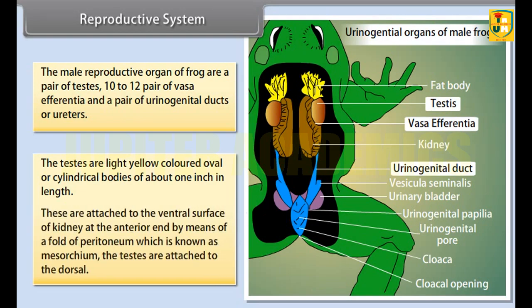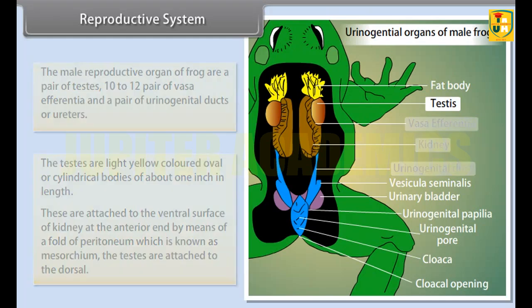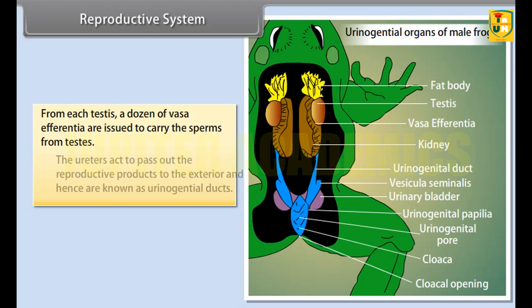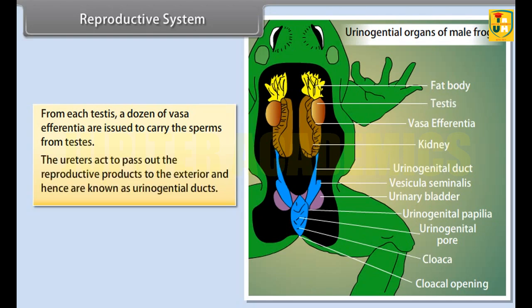These are attached to the ventral surface of kidney at the anterior end by means of a fold of peritoneum, which is known as mesorchium. The testes are attached to the dorsal. From each testis, a dozen vasa efferentia are issued to carry the sperm from testes. The ureters act to pass out the reproductive products to the exterior and hence are known as urinogenital ducts.